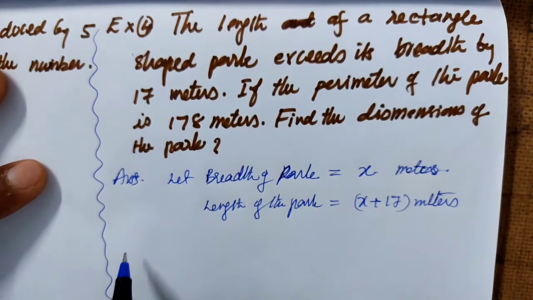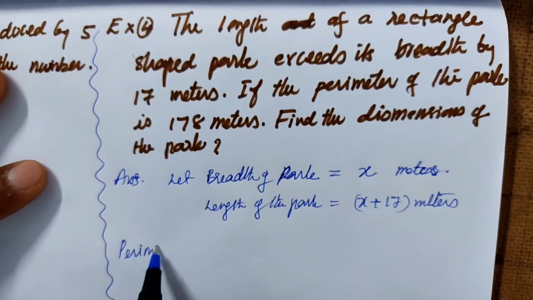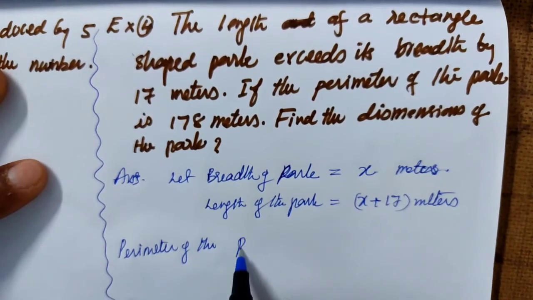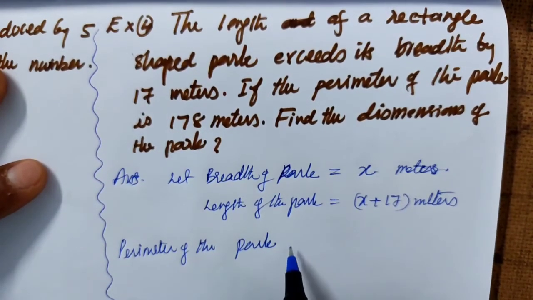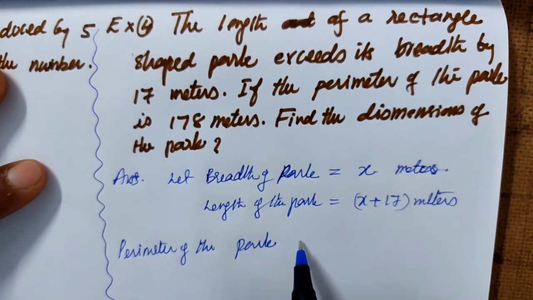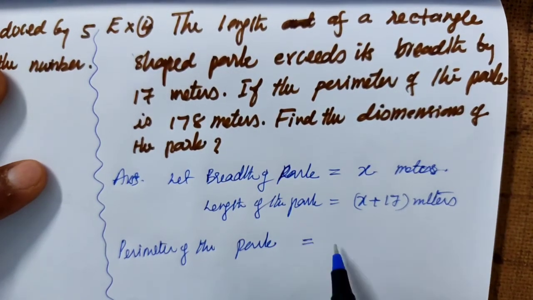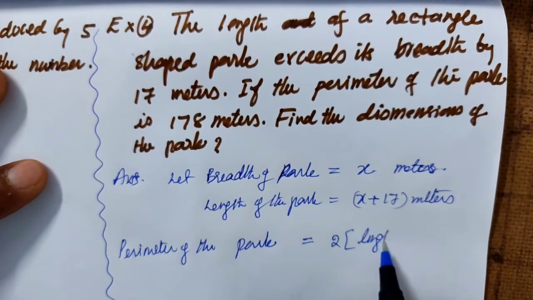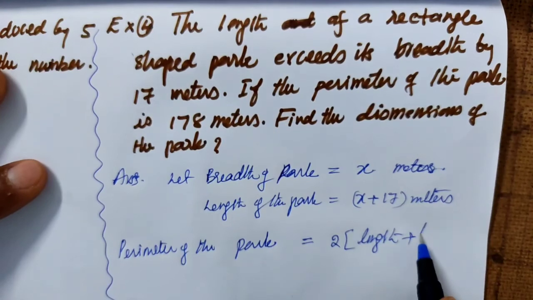Now the perimeter of the park. It is a rectangular shape, therefore the perimeter of the park is equal to 2 into length plus breadth.